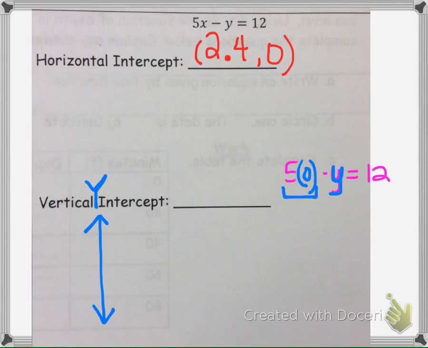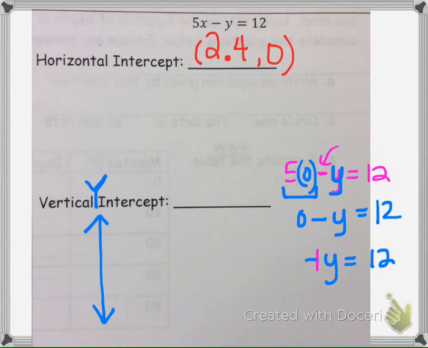So 5 times 0, let's simplify, that's 0. And 0 minus y, that's just negative y. So to get this y by itself, because there was a negative in front of it, we're going to have to think of it like a 1 there. So we're going to divide by a negative 1. So we get y equals negative 12.